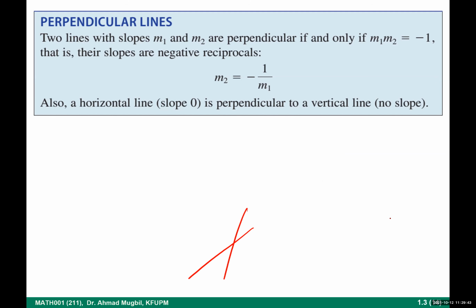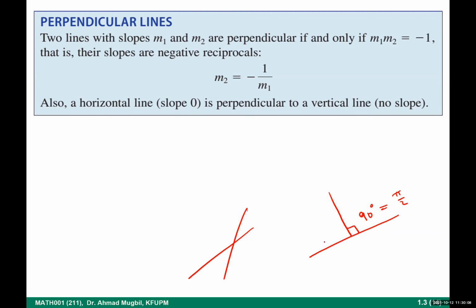The perpendicular lines are two lines where the angle between them is a right angle. It is 90 degrees or pi over 2. So these are two lines that are perpendicular to each other.